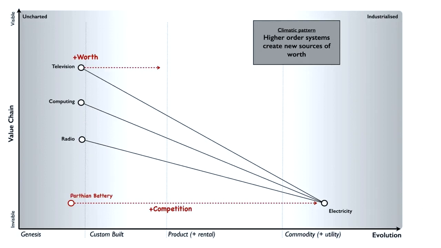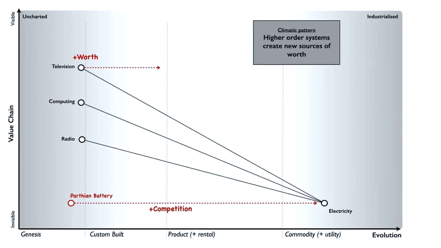A red dashed line, marked plus worth, points to the right from television. Another red dashed line, marked plus competition, points to the right from a red dot marked Parthian battery. The second red dot is at low visibility, nearest to Genesis, and the line leads to the point marked electricity. Title: Climatic Pattern. Higher order systems create new sources of worth.